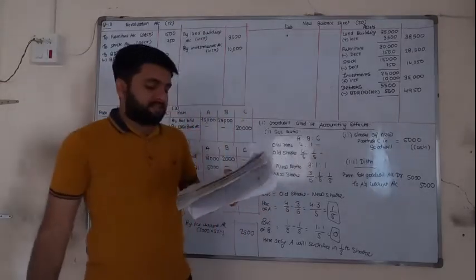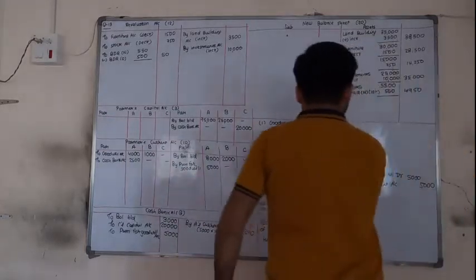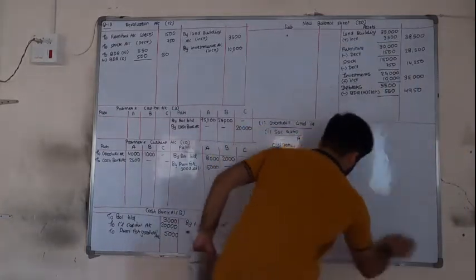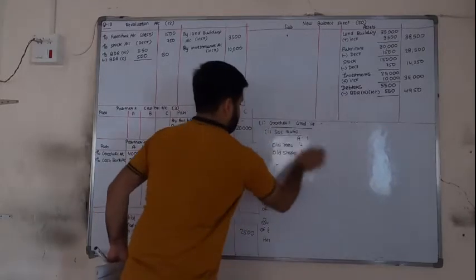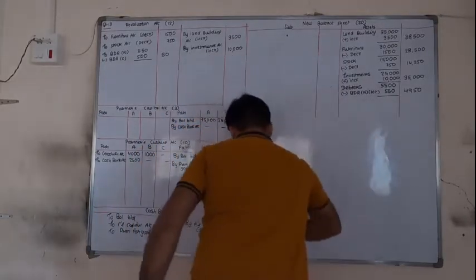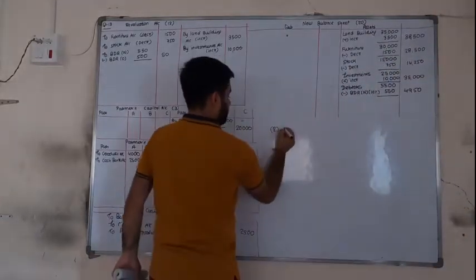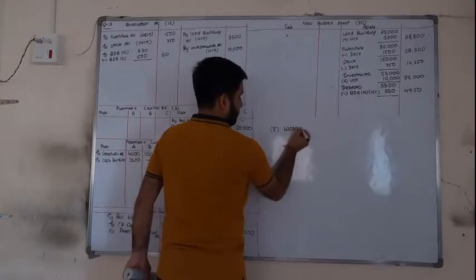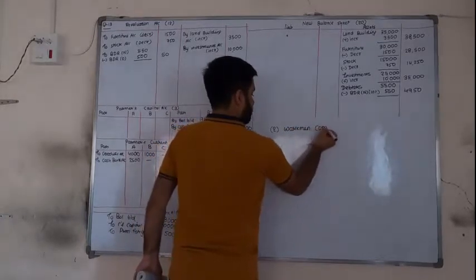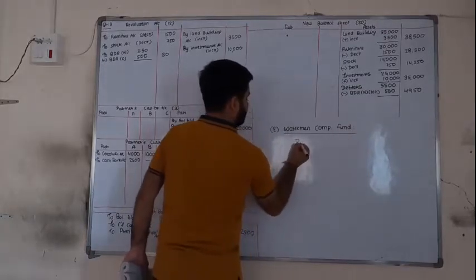Workman accidental claim is accepted, 1,000. Okay, let's write for it in calculation number 2. Workman compensation fund.